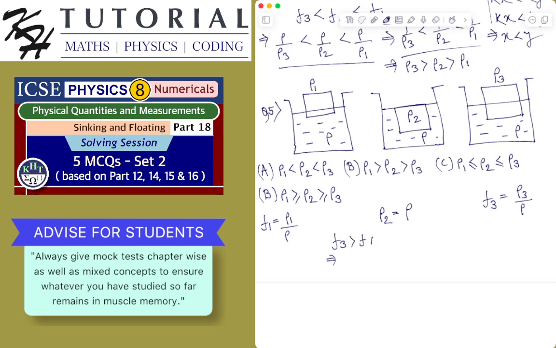So this implies that F3, rho 3 by rho, is greater than rho 1 by rho.